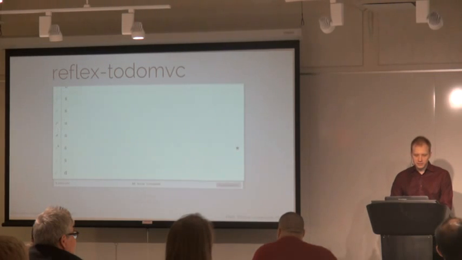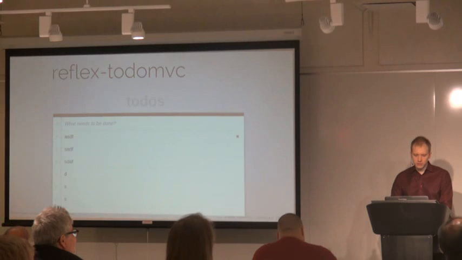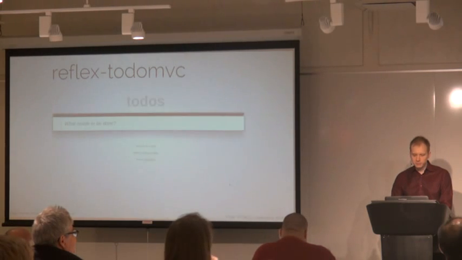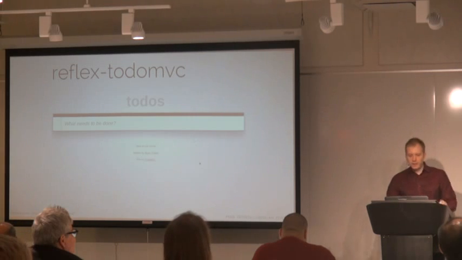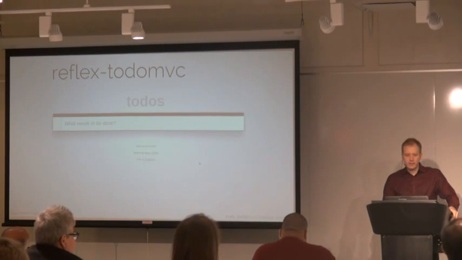You can check them off, filter. You can clear the completed ones, go back to all, select all. It's pretty much exactly what you'd expect. And that's all just about 180 lines of code, including imports. So it's very simple, very legible, and yeah, pretty simple.